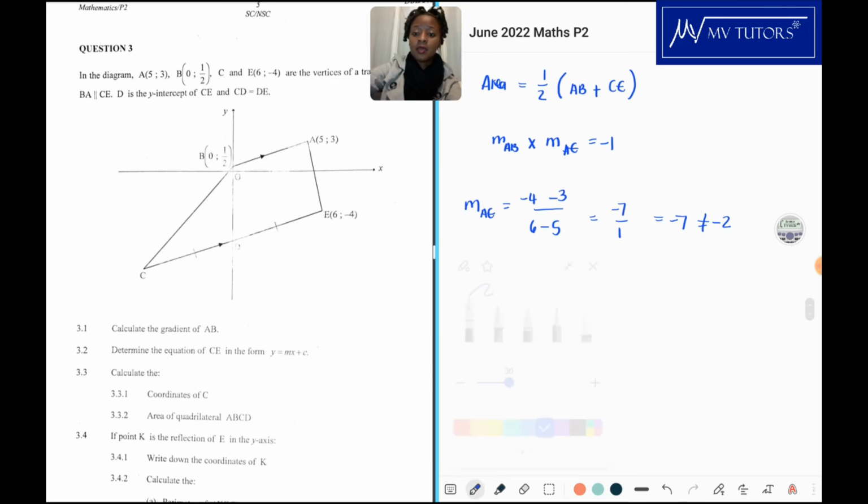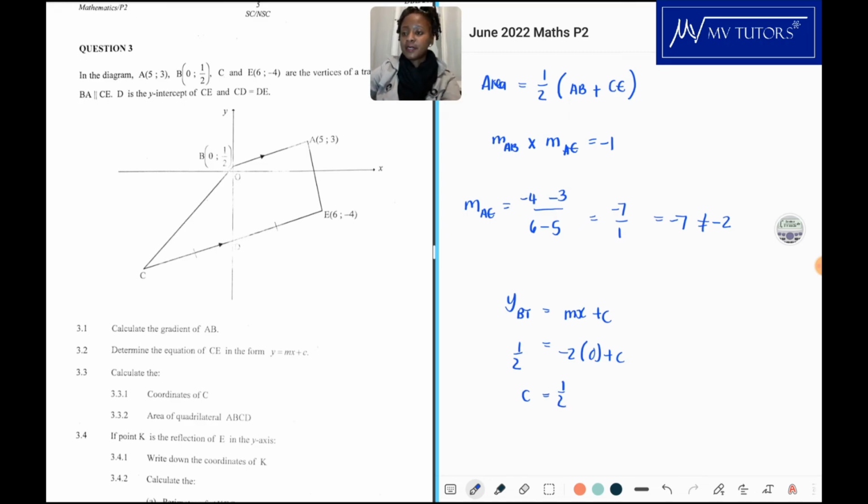So y for BT is equal to mx plus c. We know the gradient is -2, the x-coordinate of B is 0, and the y-coordinate of B is a half, so c is equal to a half.